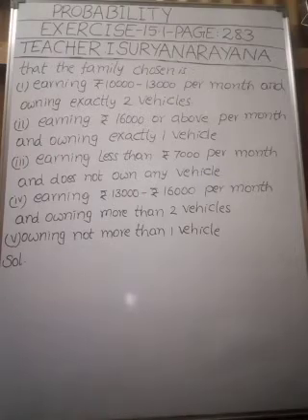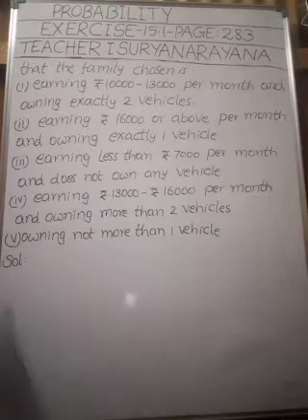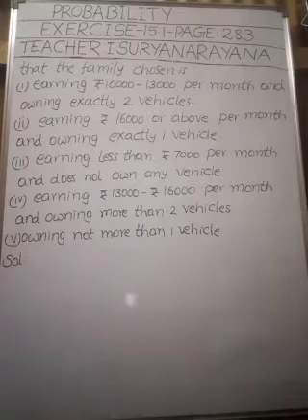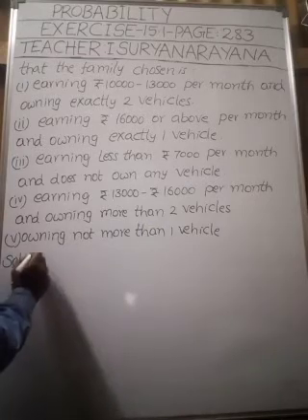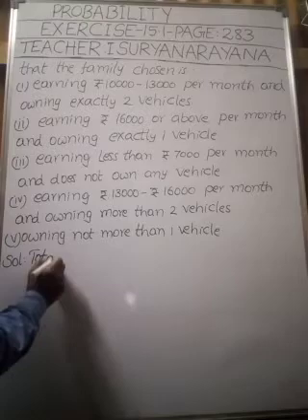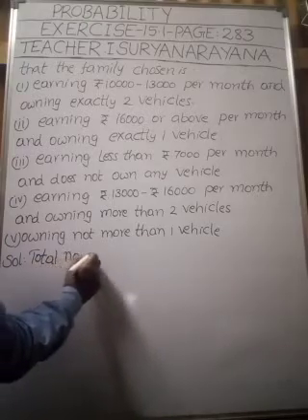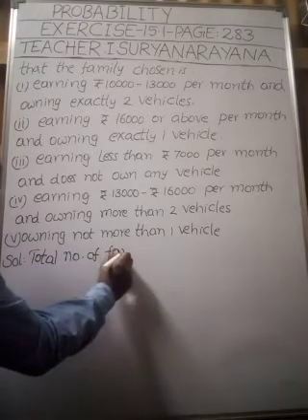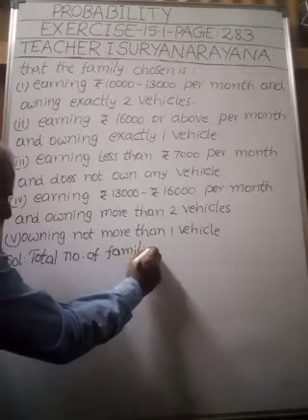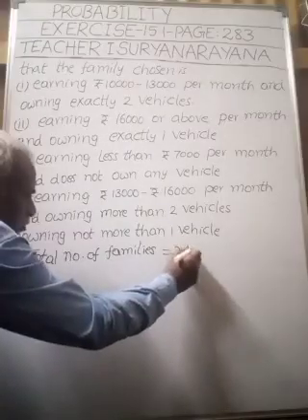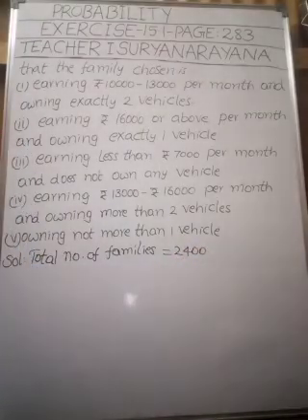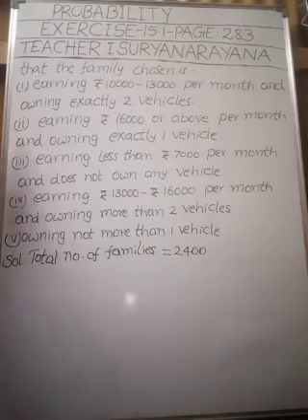Right. Now, come to the solution part. What is the total number of families here? 2,400. Yes or no, my children? Total number of families: 2,400. Okay, my children, this is the total number of families. Now, first question, first part.